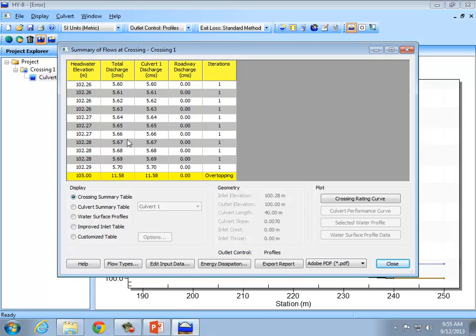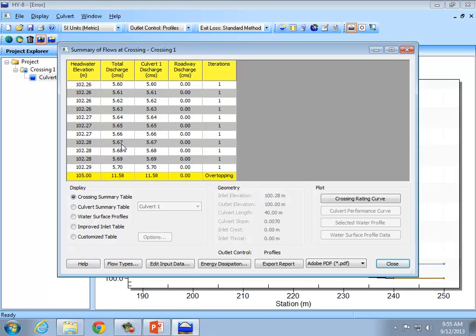2.28. All right, so now we can say with authority that Q is equal to 5.67 cubic meters per second when the headwater depth is 2.00 meters.